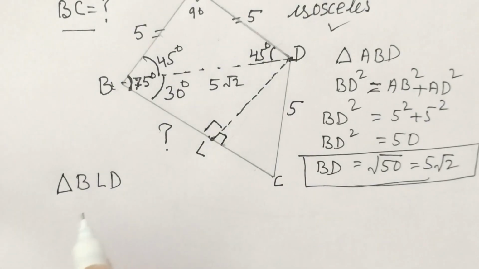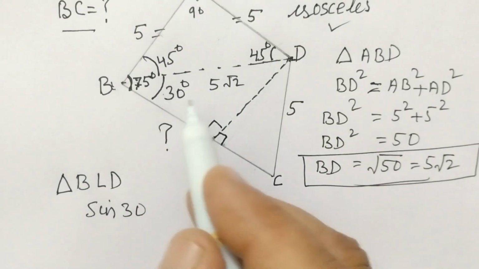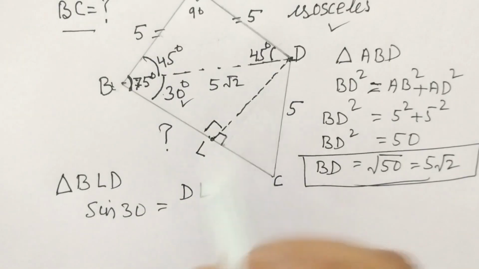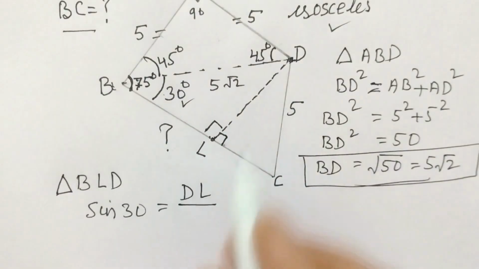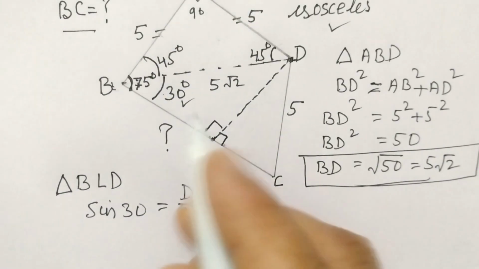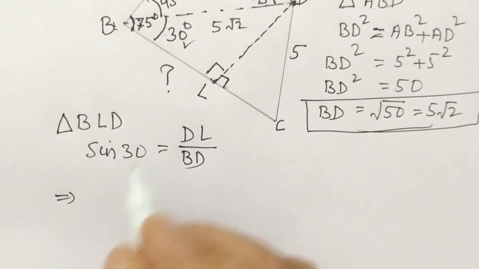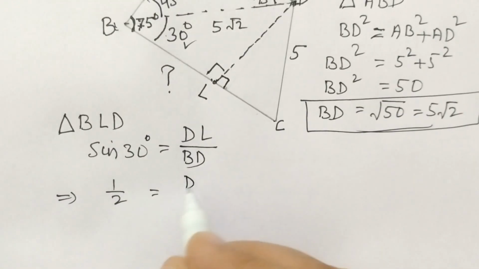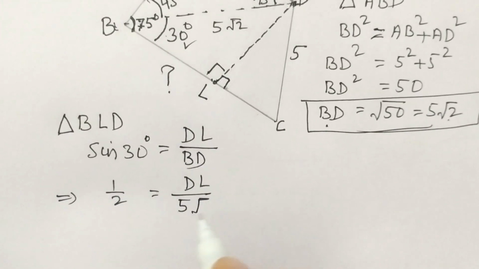So sine 30 degrees, for BLD, theta is 30 degrees, is equal to the perpendicular DL over hypotenuse BD. So sine 30, which is half, is equal to DL over BD, which is 5 square root of 2.